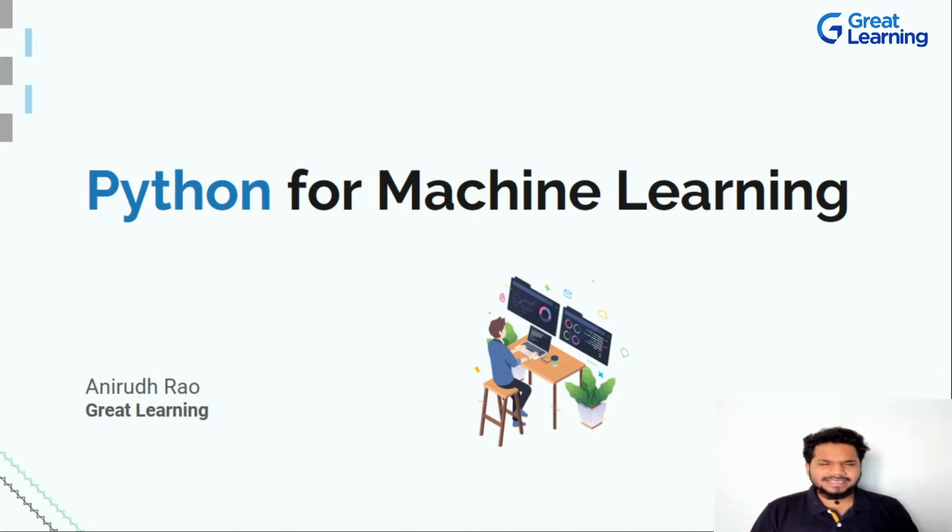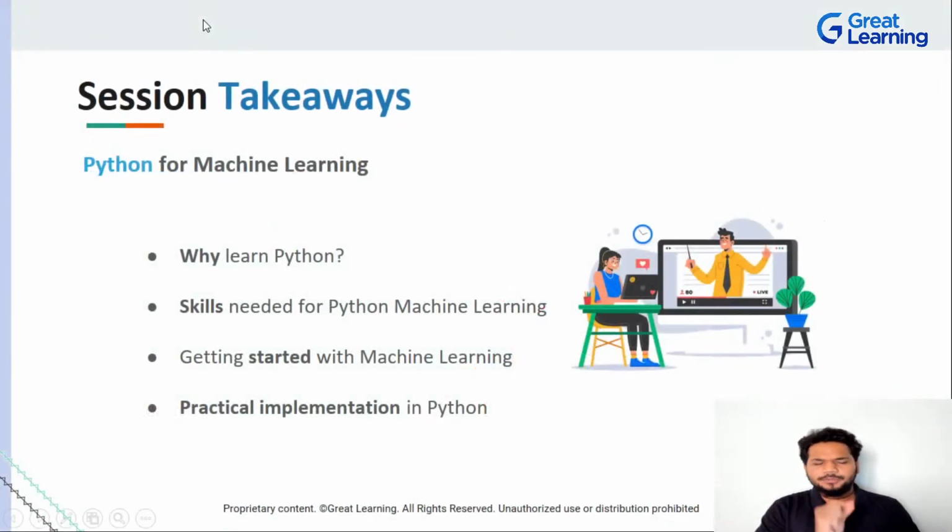What's the first thing you guys are excited to learn about Python for machine learning? There are so many things that we're going to learn, so everything is equally exciting, I promise you guys. The first thing that we're going to start out by understanding is why one should even learn Python. Python is a huge programming language. Let us try to understand why we should learn Python for machine learning specifically.